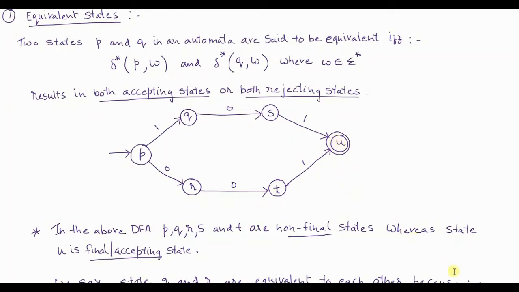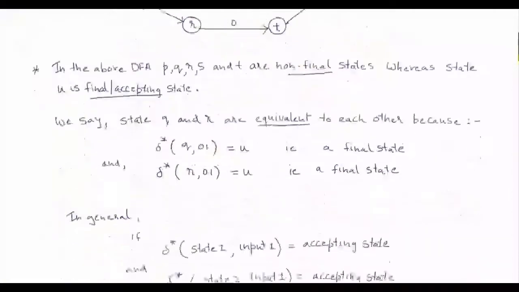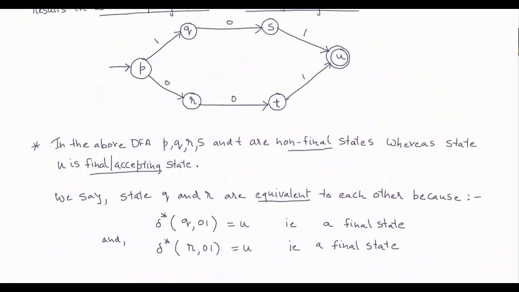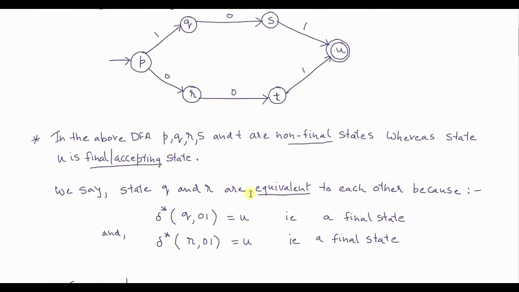Now we will say the states Q and R are equivalent to each other. Looking at the diagram, state Q and state R are equivalent to each other.